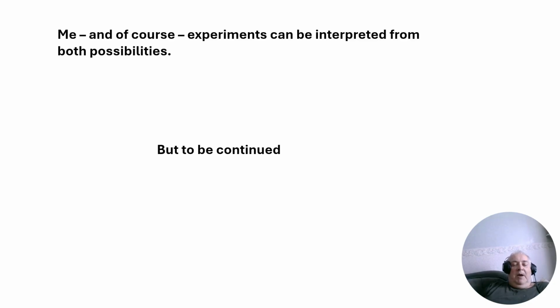And of course, experiments can be interpreted from both possibilities, but that's as far as I'm going in this little video. I've highlighted what the equation is talking about. It's shown the link between Newtonian physics and Einstein. So that's it.